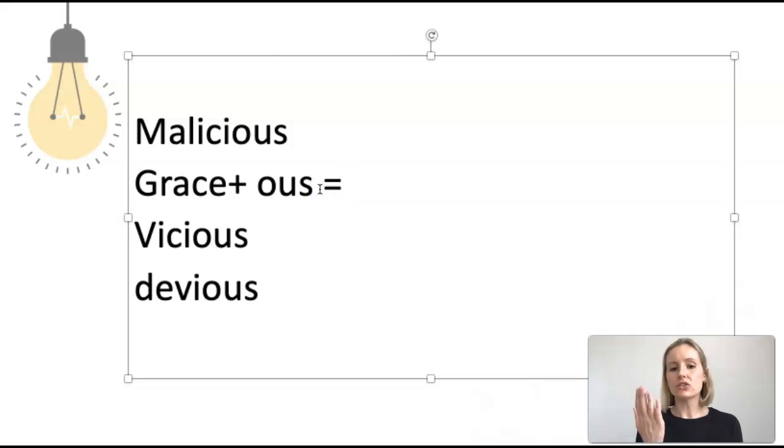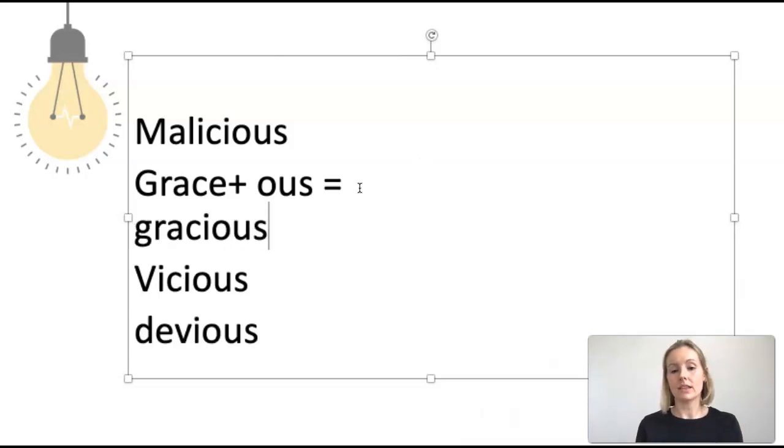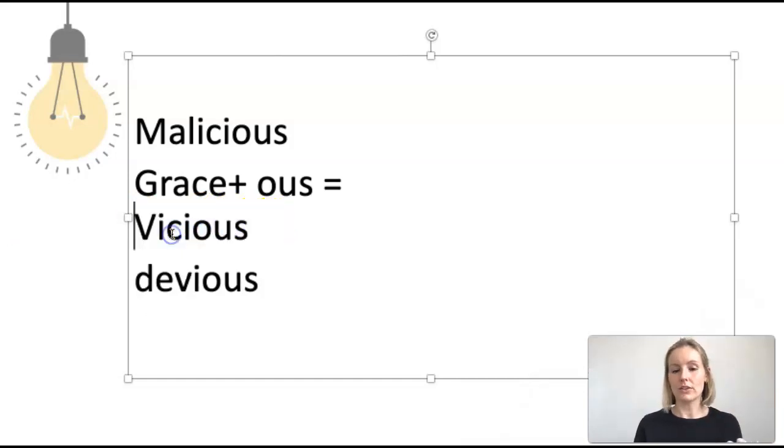And what do we need to do to turn it into gracious? Well, we know we need to get rid of the E. So we'll do that, but we need something to make that sh sound, to make it not a k sound. What letter does that? It's the letter I, and then we can add the OUS. So that's how we need to talk through these words.